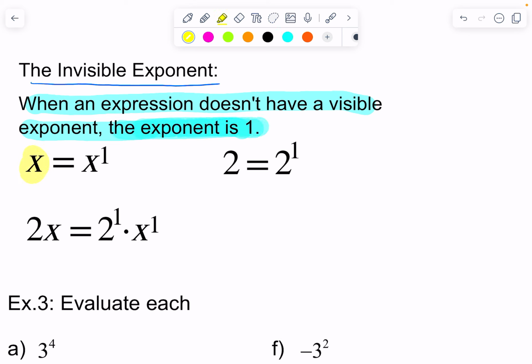So for example, x really equals x to the 1st power. 2 really equals 2 to the 1st power. If I have the expression 2 times x, this is really 2 to the 1st power times x to the 1st power. So don't forget about that invisible exponent of 1 when you don't see an exponent.